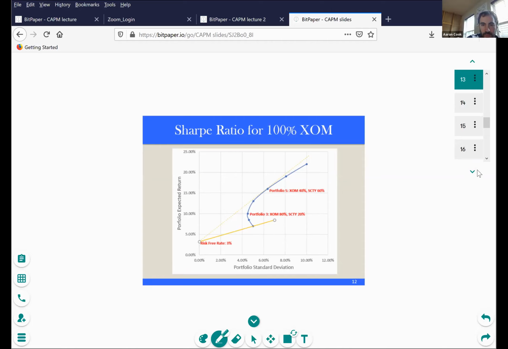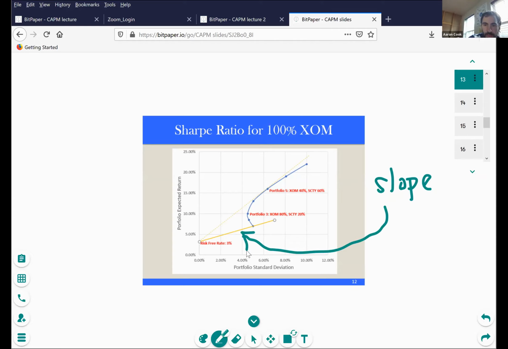Again, the Sharpe ratio for a portfolio that was 100% ExxonMobil would be given by the slope of this solid yellow line.